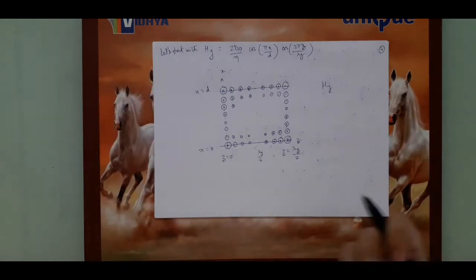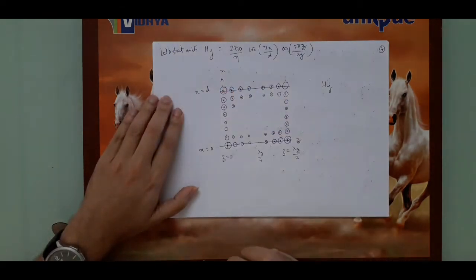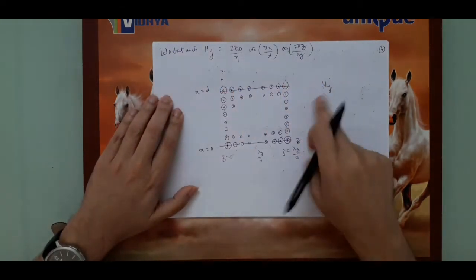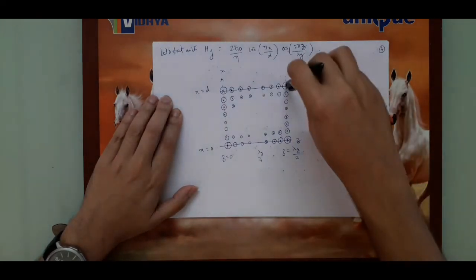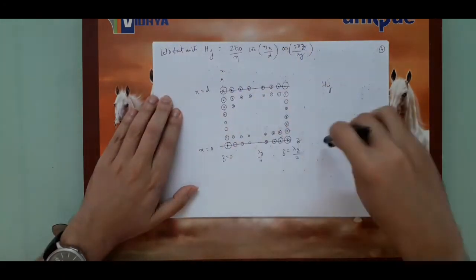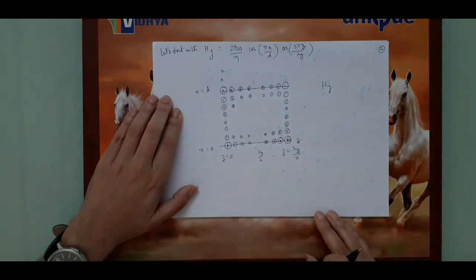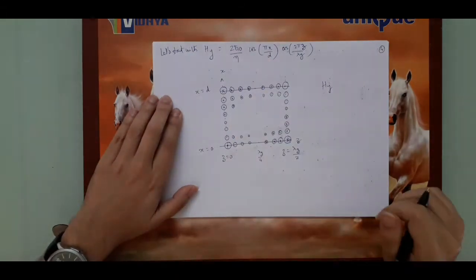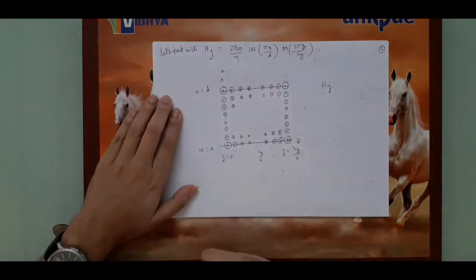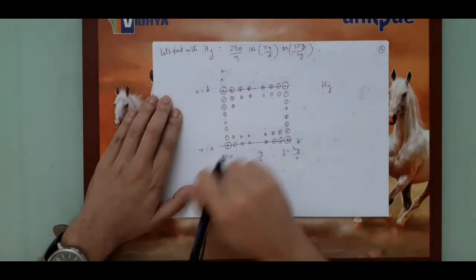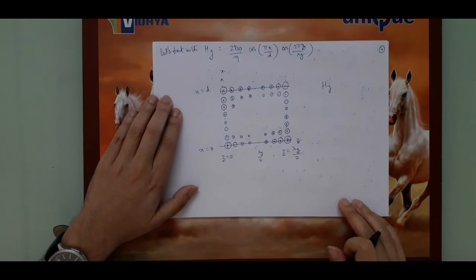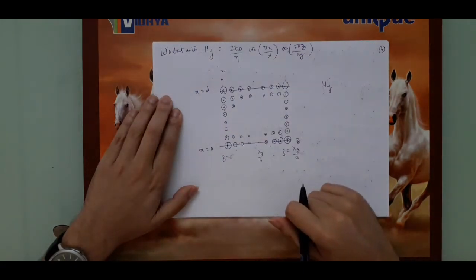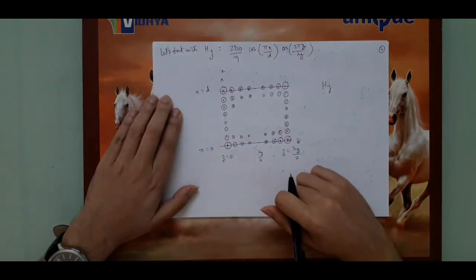Now suppose if I can design a current probe, this HY is actually the tangential field along these two conducting boundaries. So because this tangential magnetic field is existing along these conducting wall and dielectric boundaries, there will be a surface current.